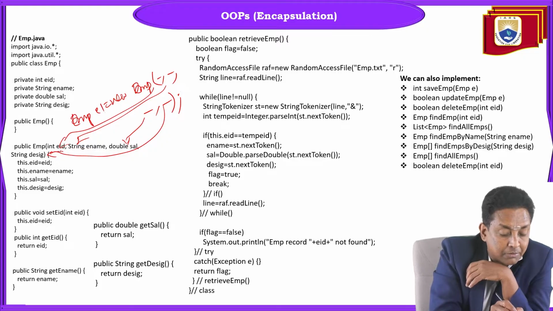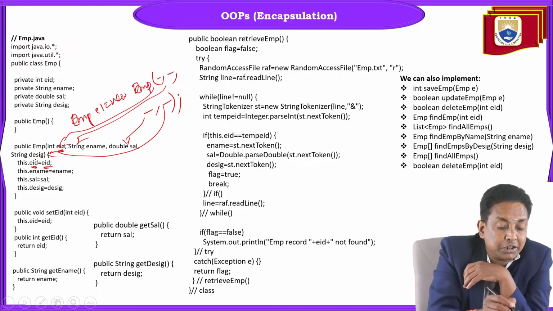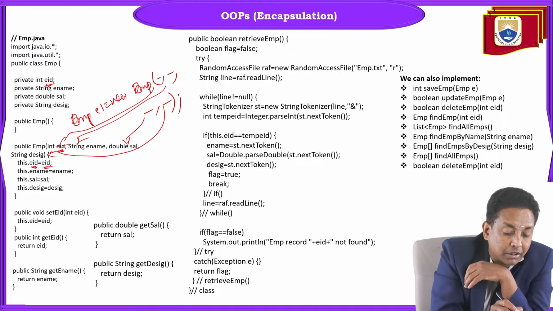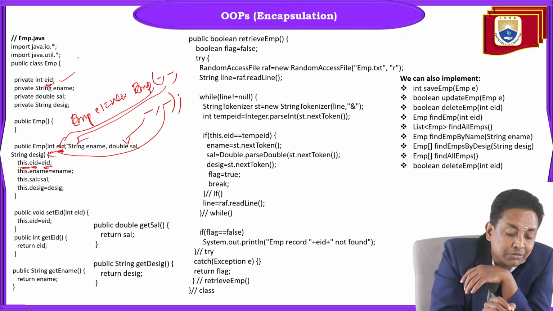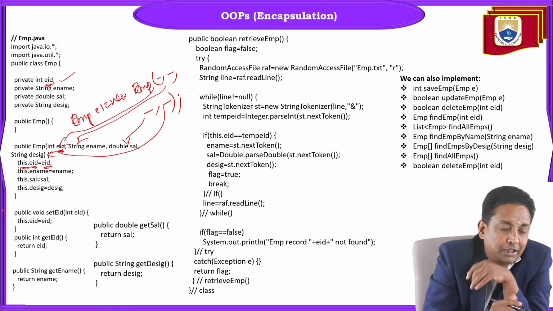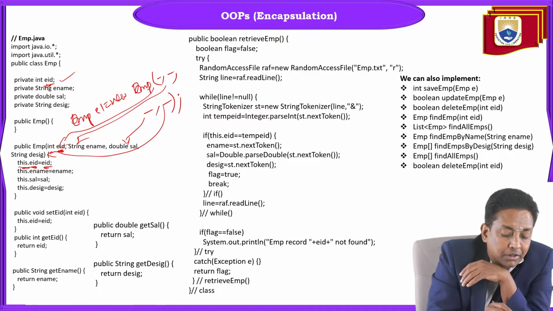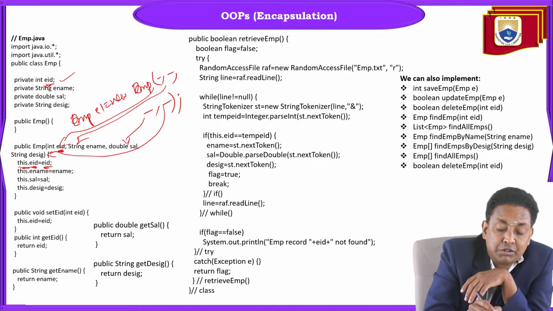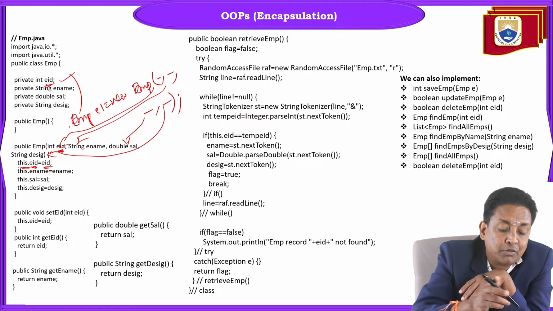Each parameter is assigned to the class instance variable by differentiating the class instance variable and constructor parameter with the this keyword. This keyword is used to differentiate the current class instance variables from constructor parameters. If both names clash, you can also assign with different names. Similarly for employee name, salary, and designation. Whatever data the user passes, an employee object is created. If you are interested, you provide a parameter constructor.